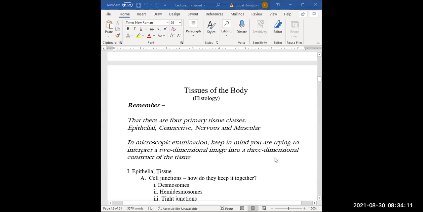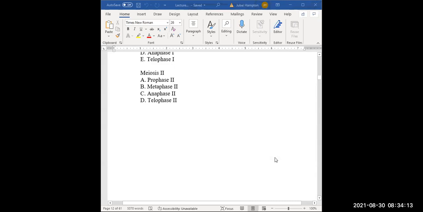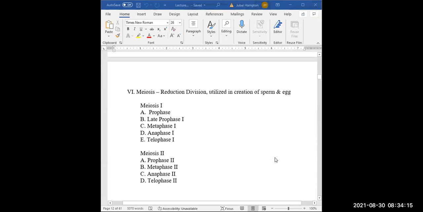Now, last week, I had ended with meiosis, and for your testing purposes, you have to know that meiosis is reduction division and is utilized in the creation of a sperm and an egg.